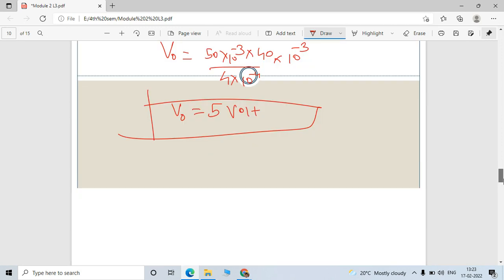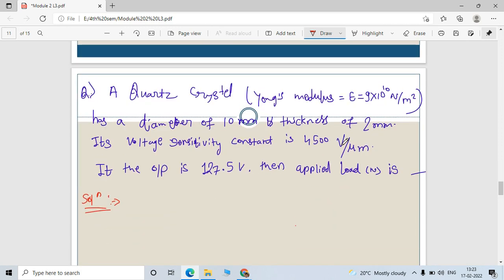The second question, write down this question, or you can directly solve it. See the question and write down what data is given to you. A quartz crystal, Young's modulus is equal to 9 into 10 to the power of 10 Newton per meter square, has a diameter of 10 mm and a thickness of 2 mm.